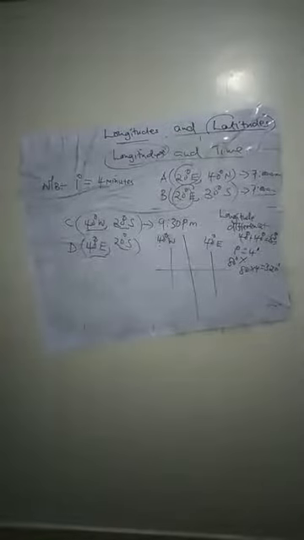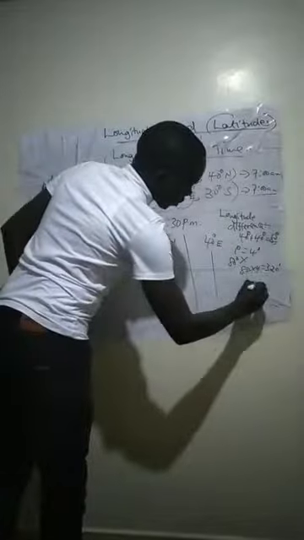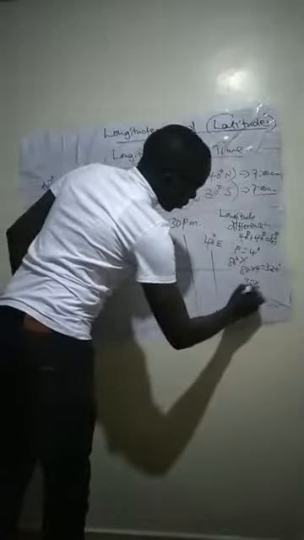So you need to change that, maybe to hours. So that will be 320 divided by 60 to change to hours.